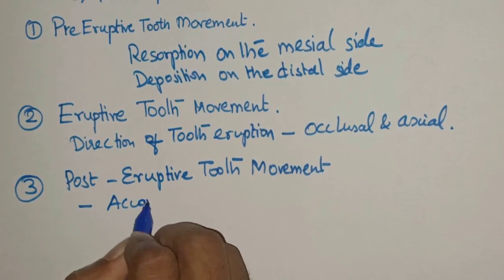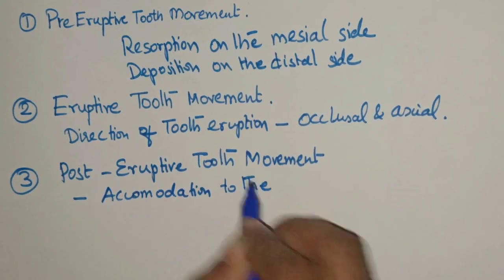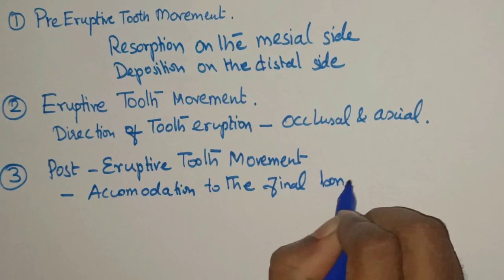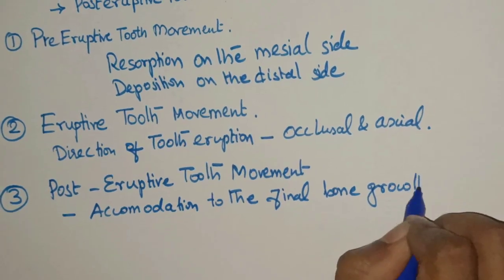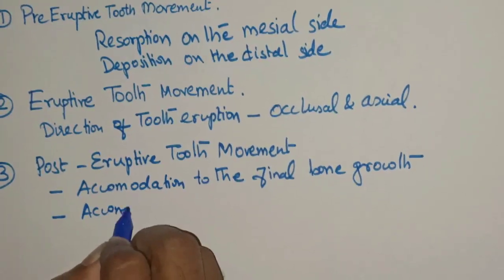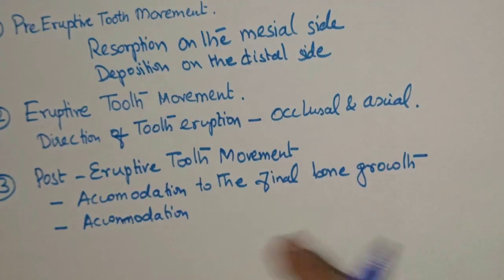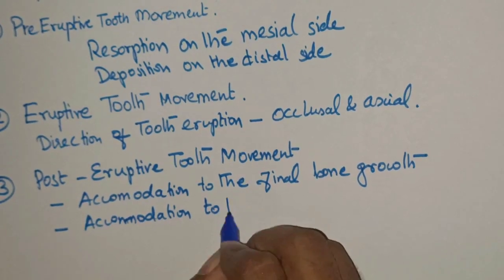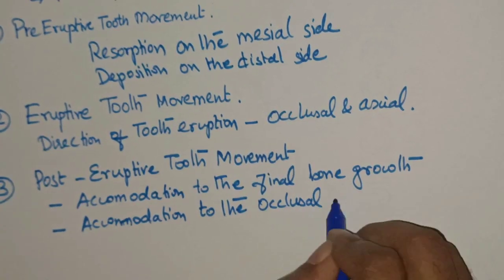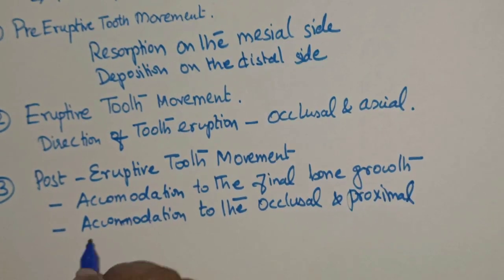Accommodation to the final bone growth, that is your maxilla and the mandible jaw bones, and accommodation or compensation to the occlusal and proximal wear.